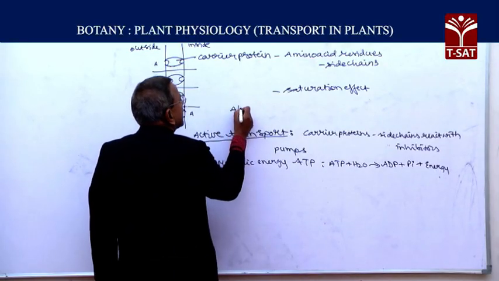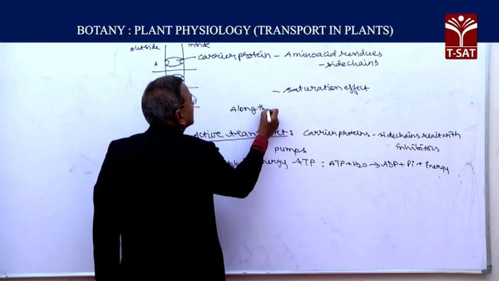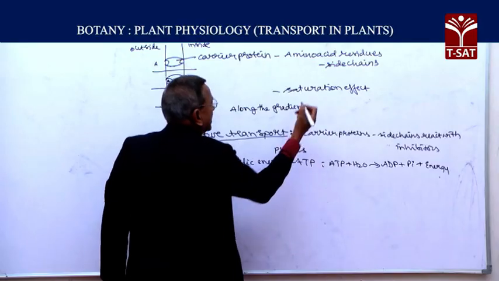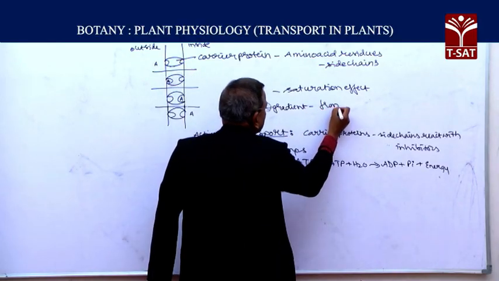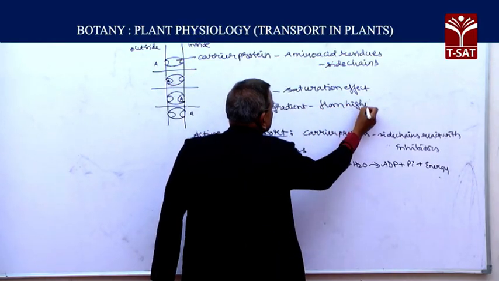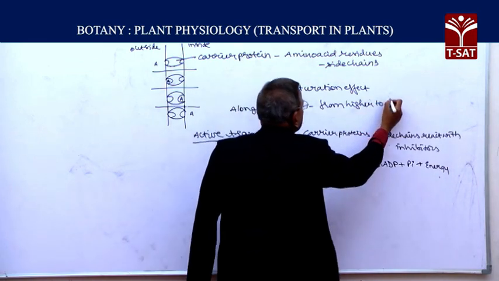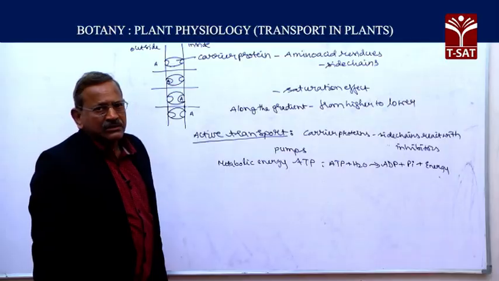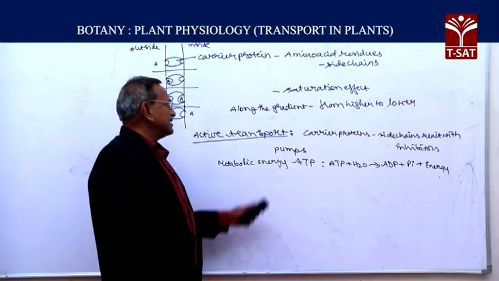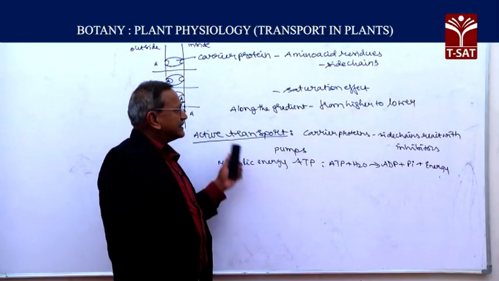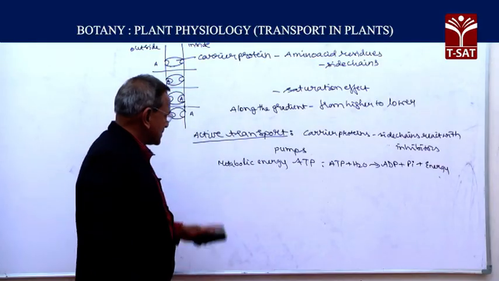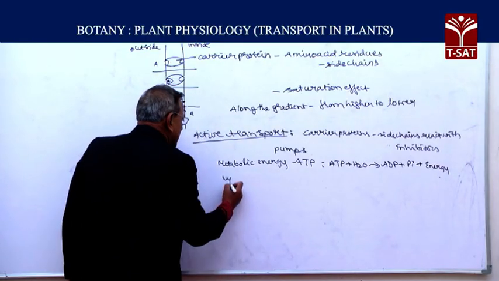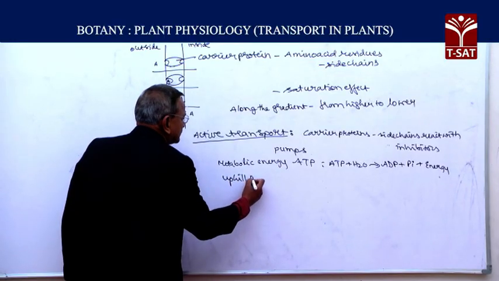This is along the gradient, that means from higher concentration to lower concentration. This is from higher concentration to lower concentration, that is what is along the gradient or downhill process, whereas the active transport is uphill process.